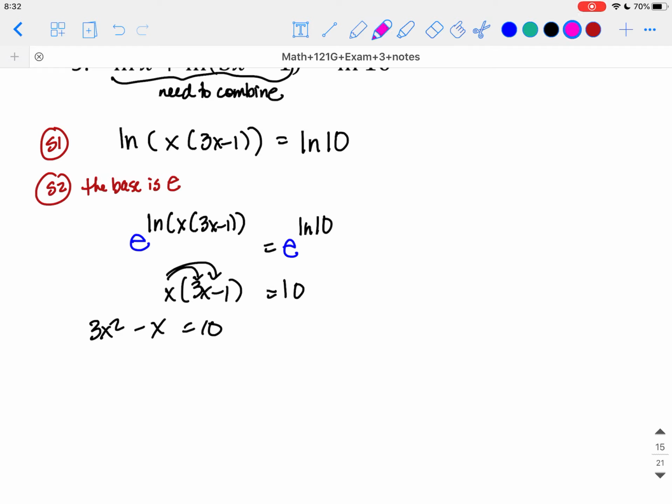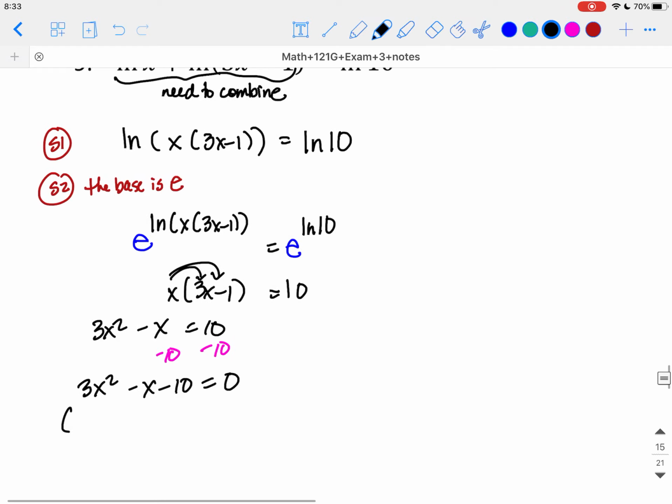And so it's a parabola. I'm going to subtract 10 from both sides, so I can set it equal to 0. And I have 3x squared minus x minus 10 is equal to 0. And we can solve using quadratic, but this one is factorable.